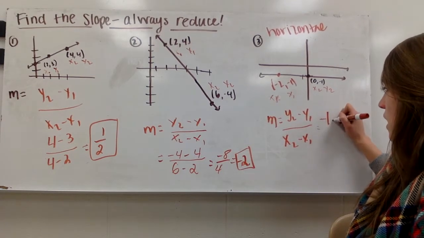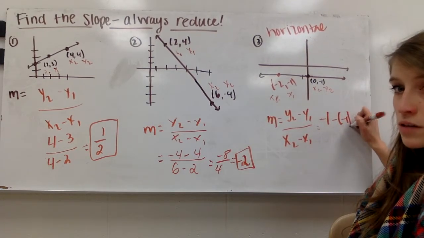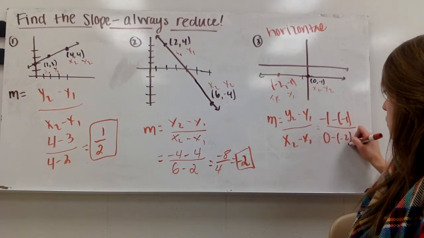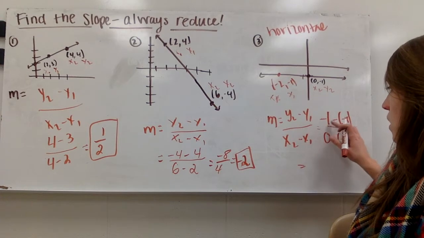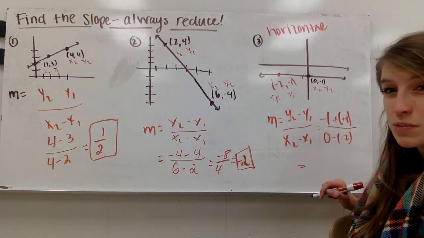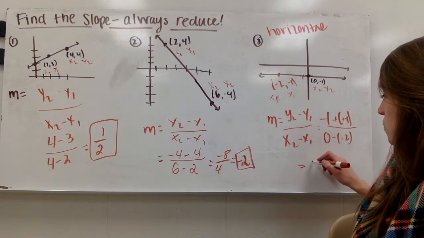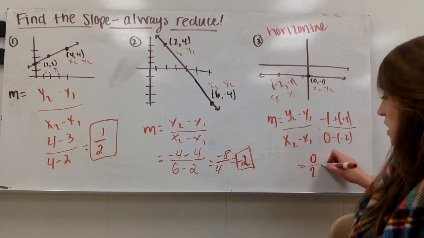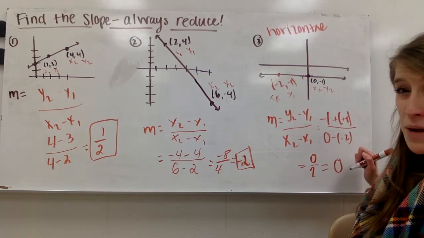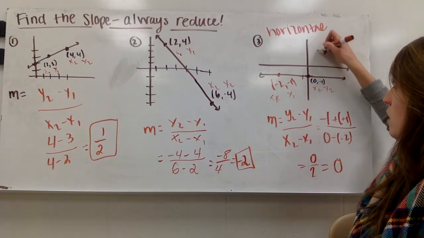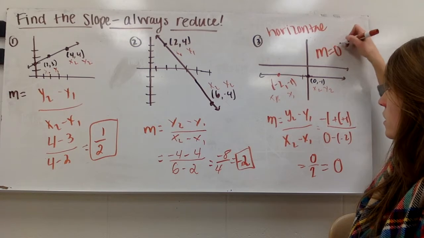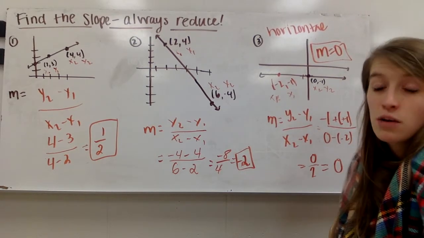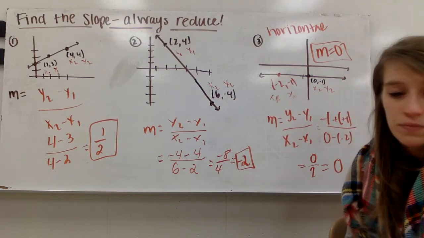In this case, this is negative 1 minus negative 1, all over 0 minus negative 2. 1 minus a negative 1 is the same thing as plus a 1, so negative 1 plus 1 is 0. 0 plus 2 is 2. 0 divided by anything is always just 0. So we get our slope here is 0. Now just remember, every horizontal line will always have a slope of 0.